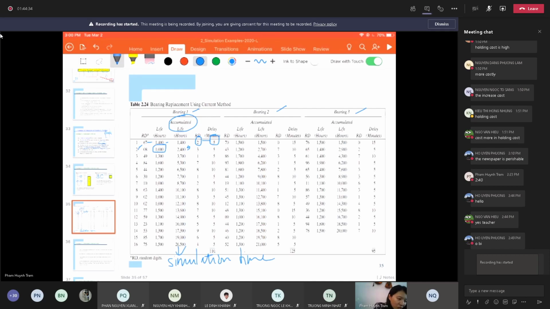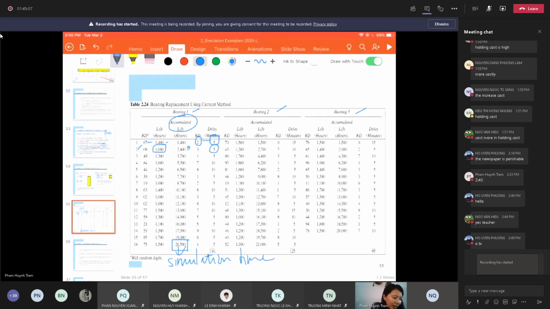After the second bearing failed, we call for service, and it had 5 more minutes to replace the second bearing one. So we do it like that, and we will stop our simulation at around 21,000 hours.